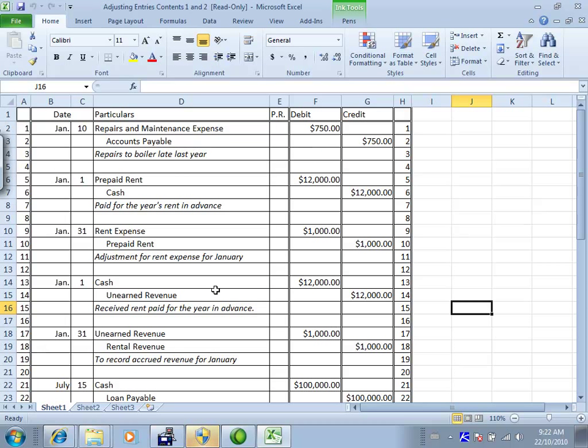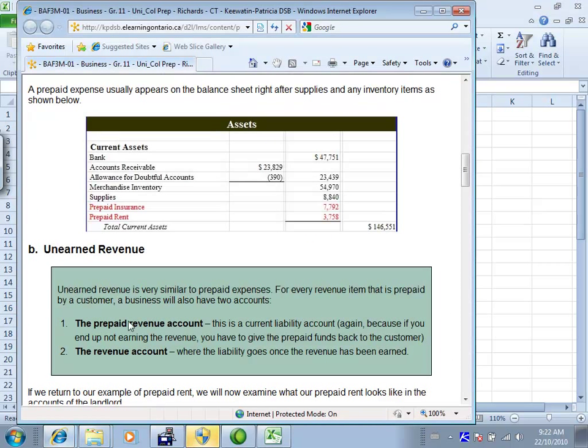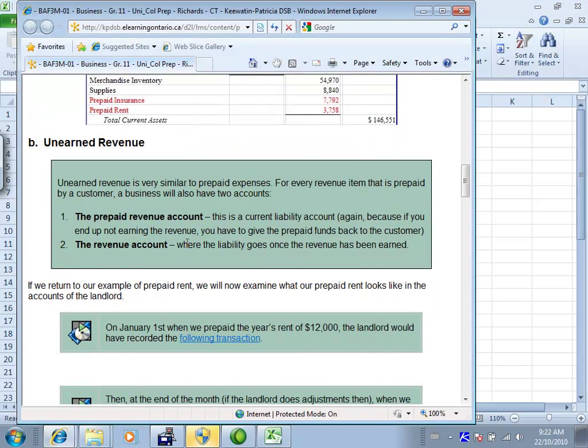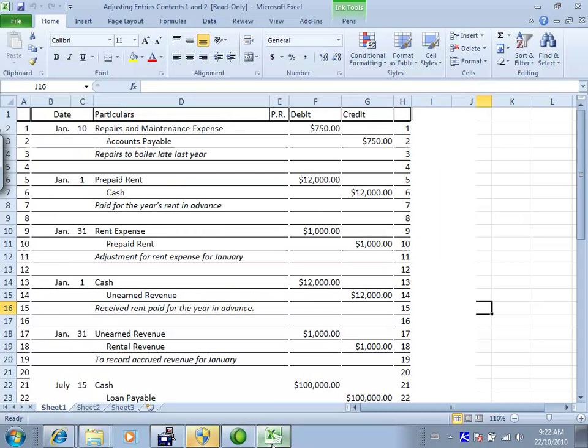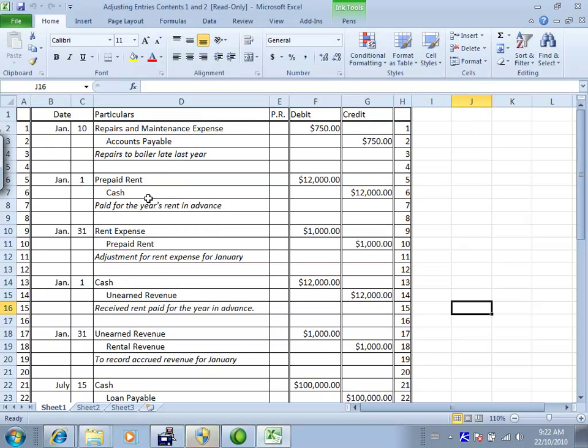Now the unearned revenue is the next one here. The unearned revenue example here is very much linked to these two. These two entries are from the point of view of the seller of the rental property. This is the company that's renting out the property, and how they would account for or record the rental income, the rental revenue.